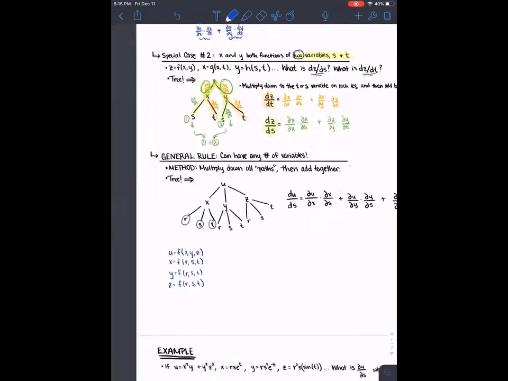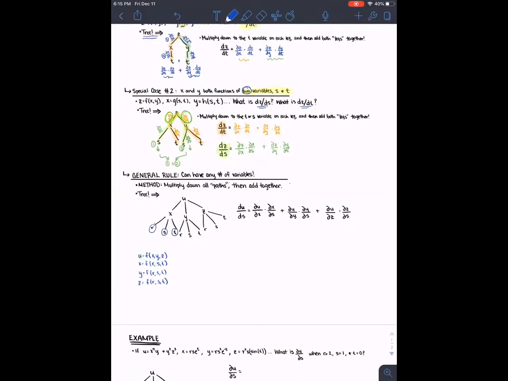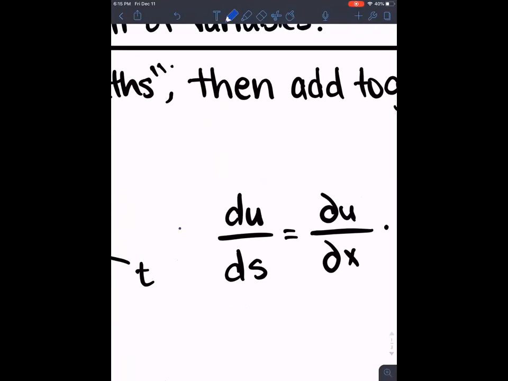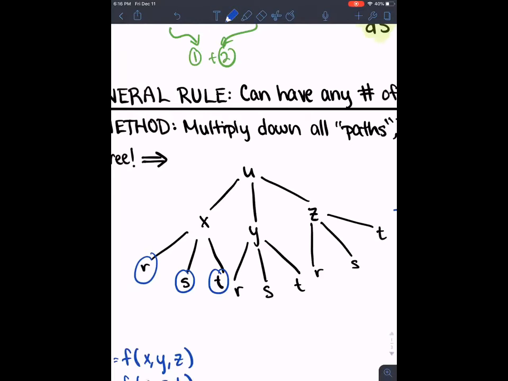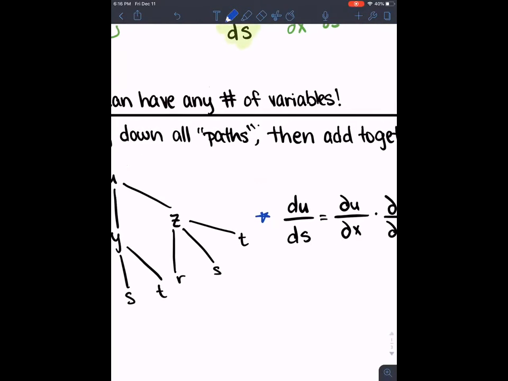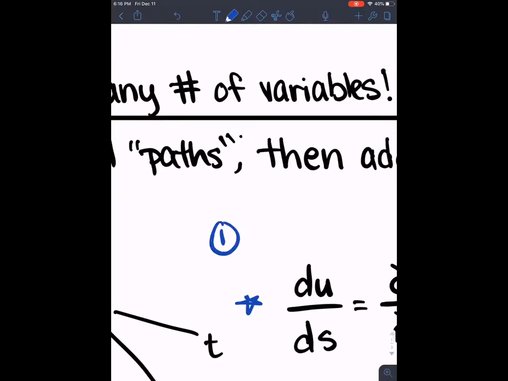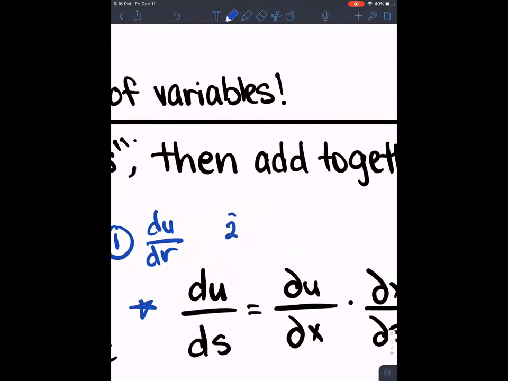Perfect. So I've decided we can only find maybe one right now, because if you think about it, there are multiple partials we can find here. One, we can find du dr. Two, we can find du ds.